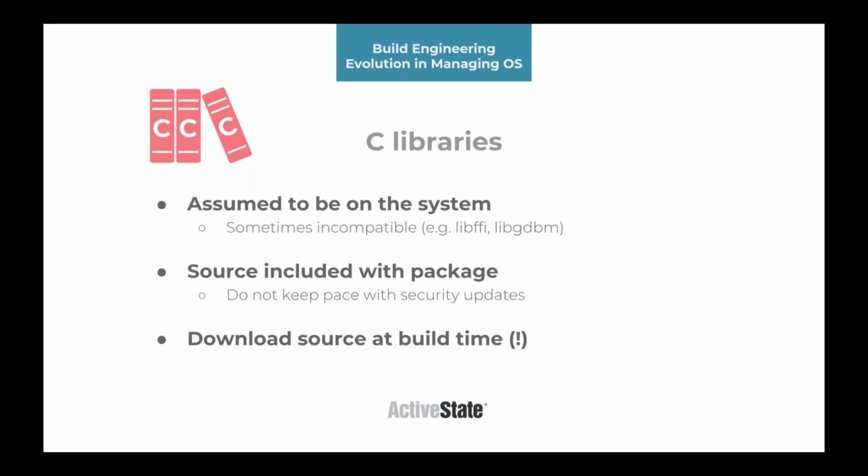There are problems with that. If you include the source with a package, you'll find that it doesn't keep pace with security updates, and you have problems with version pinning. If you've got another module that's using the same C dependency and it's a different version, you may find that you end up with runtime incompatibilities.